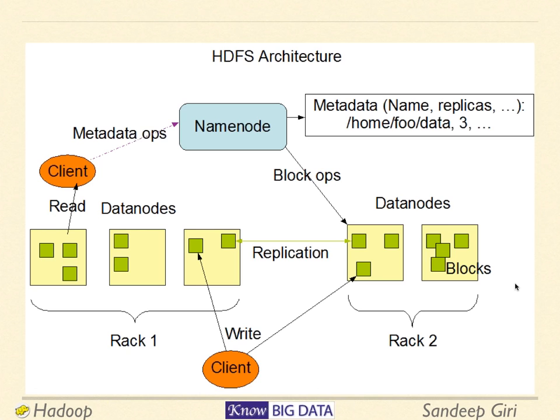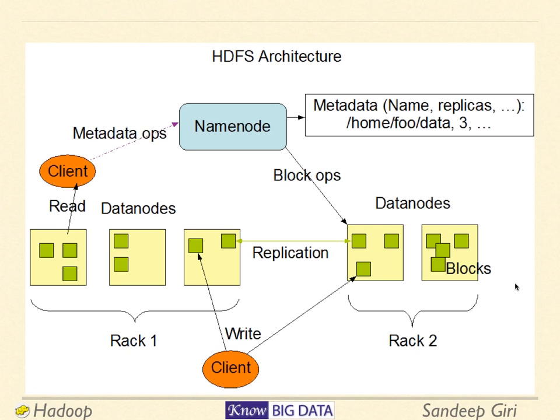That is why some people like Hortonworks came up with the idea of a secondary name node, which again is not 100% hot swap, but it is always there for taking the place of the name node.